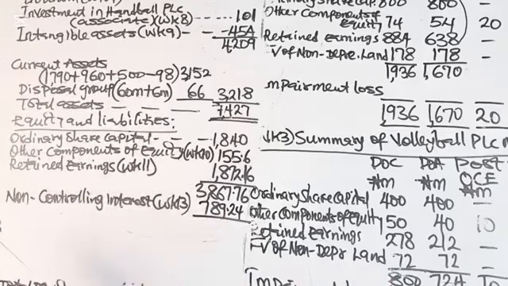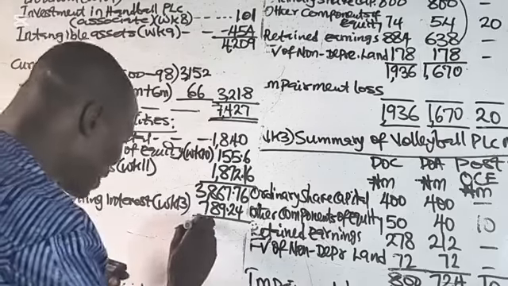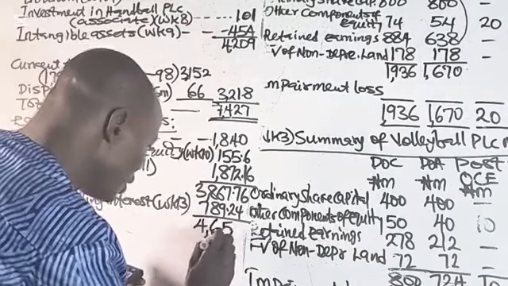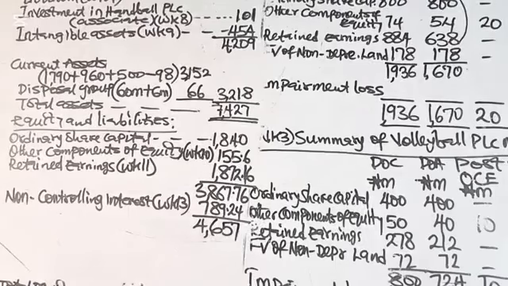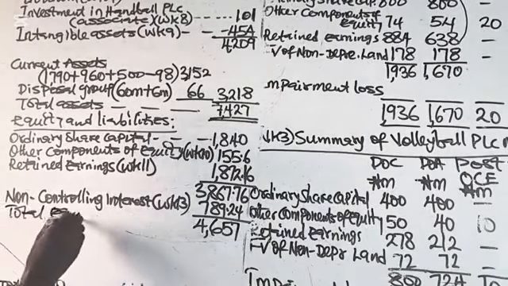By the time you add that to the equity attributable to the owners of the parent, you have the total equity to be 4,657 naira.